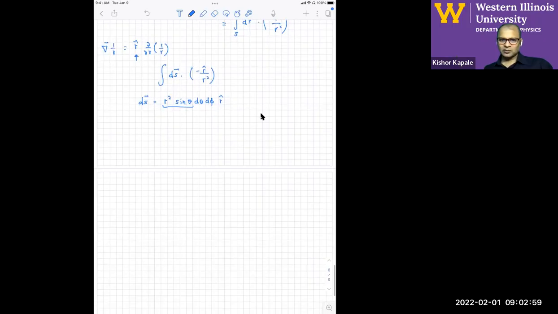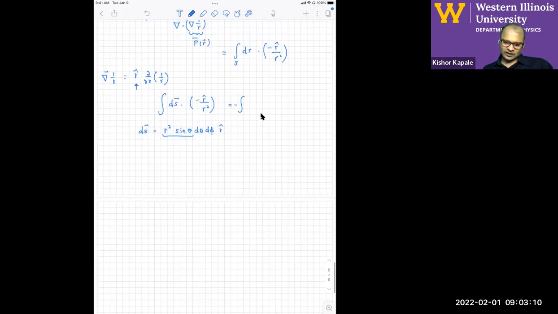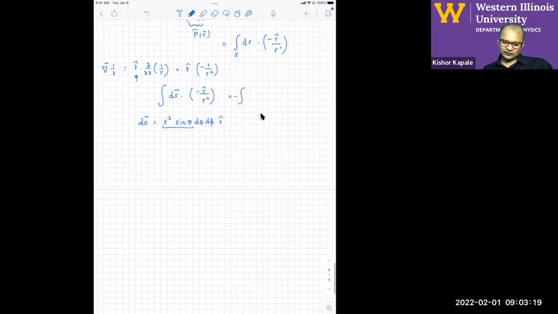And so it's always pointing away from the volume, and so the surface integral then becomes the integral, with the negative sign, of course, coming from the derivative, so that is still there.